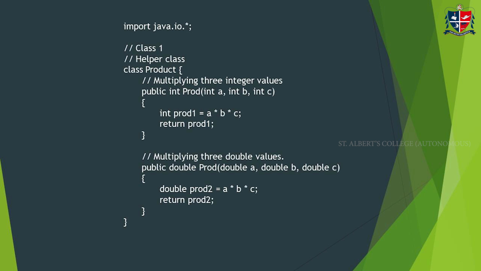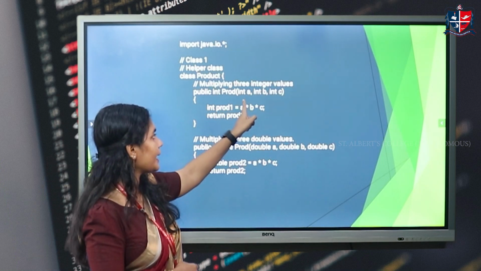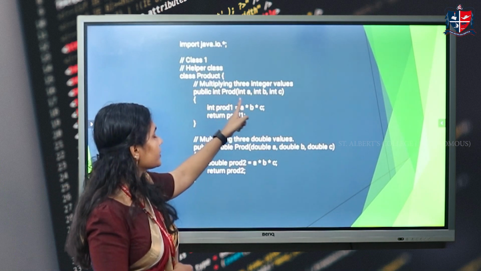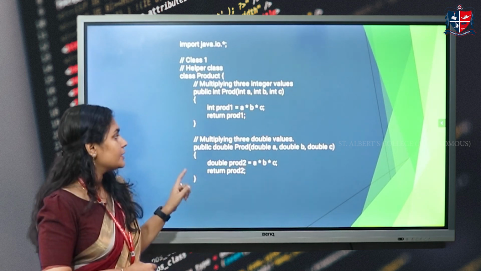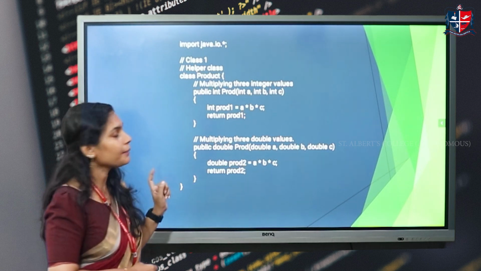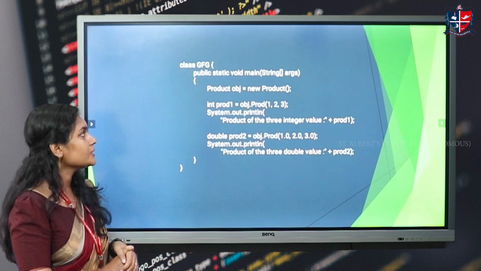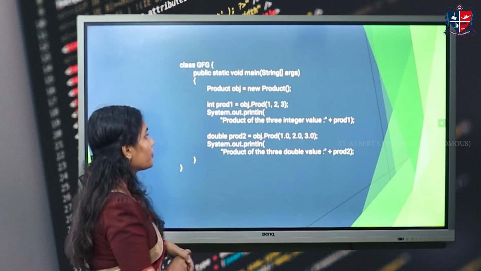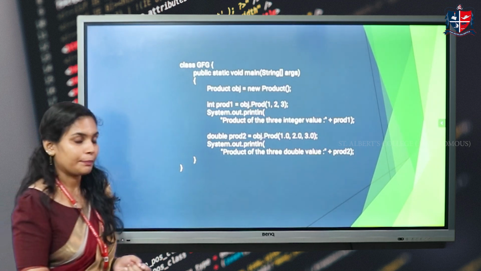In this case, the functions are prod, and this is also the function prod, but in this case public int prod, and in this case public double prod. And also the data types of the parameters are, in the first case integer, in the second case double. That means the data type can be changed. This is the second way of implementing method overloading. And the main class is GFG, and in the main class we can create the object for Product, and using the object we can access the functions separately.